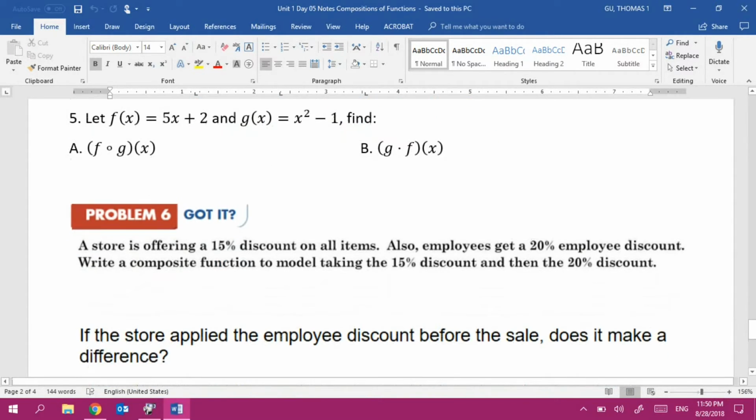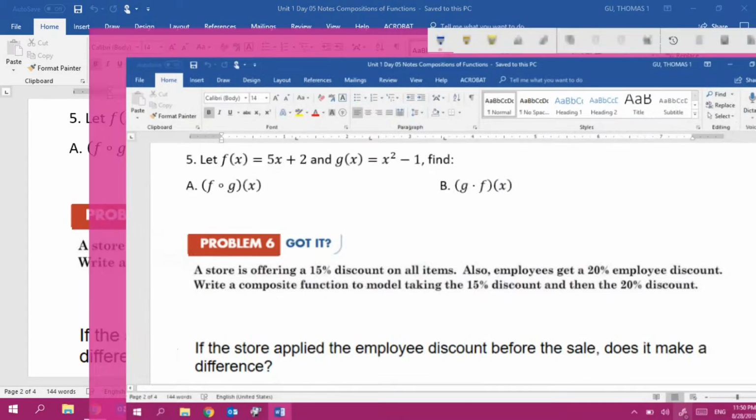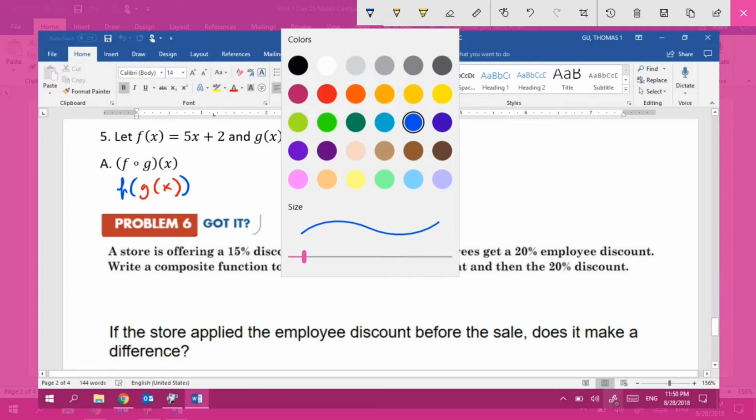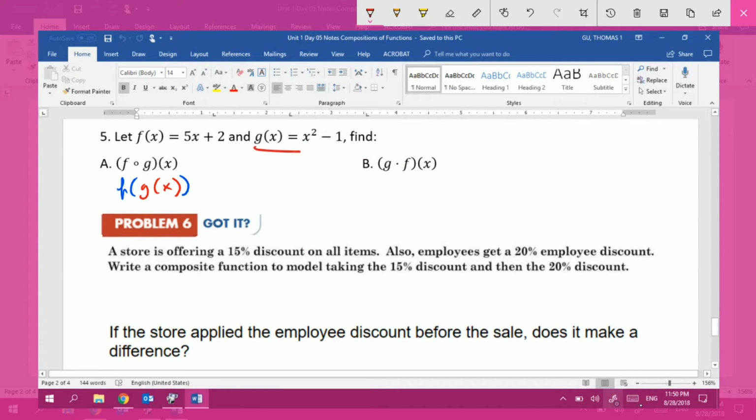So look at number 5. This first one, what does this mean right here? This is the same thing as saying f of g of x. So let's work our way from the inside to the outside. Let's color code it too. Boom, that's that.